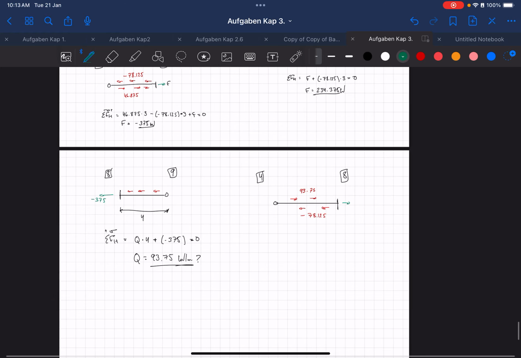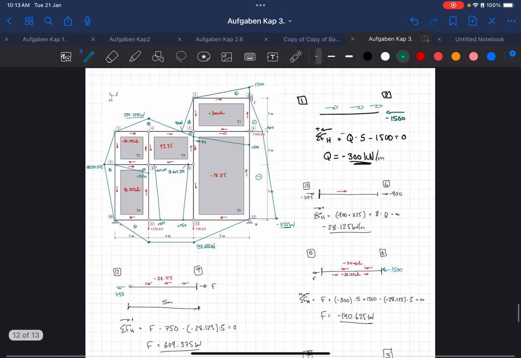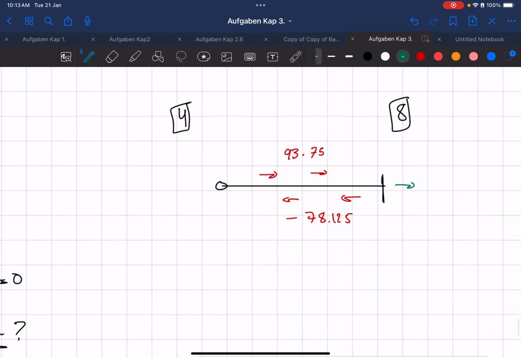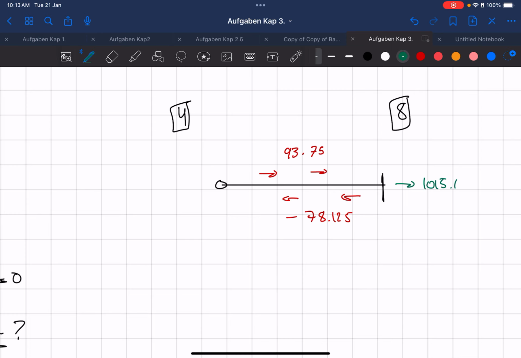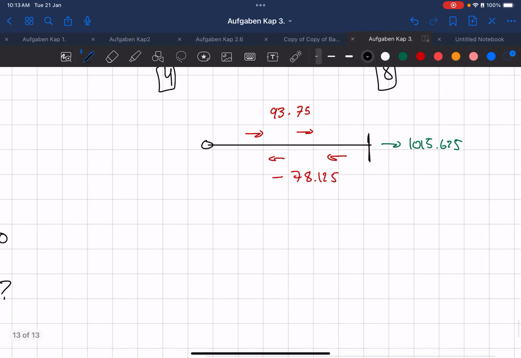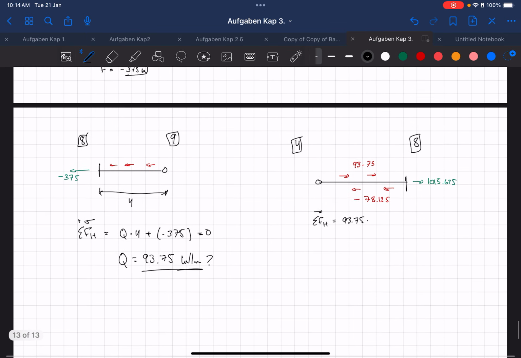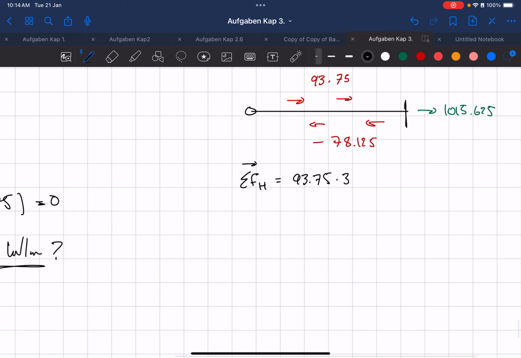I should get here 1015.65. So I do the sum of all F horizontal equals 93.75 times, what is the length? 3, times 3 minus 78.125 times 3.